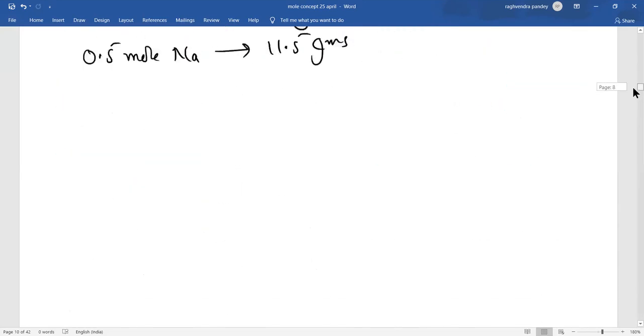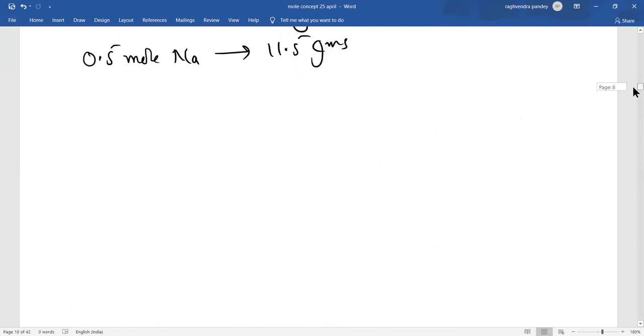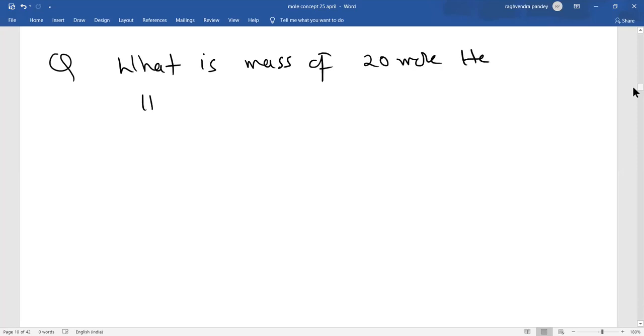Okay, everybody getting it clear? Yes, sir. Okay, I'm giving you another same question quickly. I want the answer in 20 seconds, because it is taking too much time. I have to teach a lot. What is the mass of 20 moles of helium? Helium contains 2 neutrons plus 2 protons. 20 seconds.